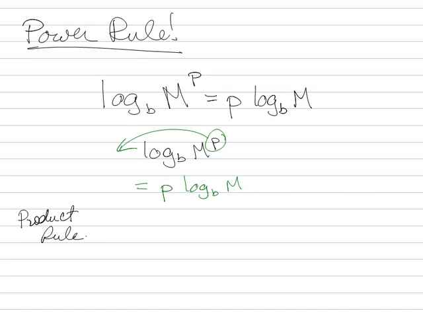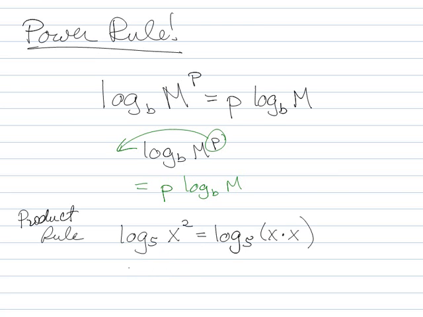So remember in our product rule, if we had, let's say, log base 5 of x squared, I could rewrite that as log base 5 of x times x.